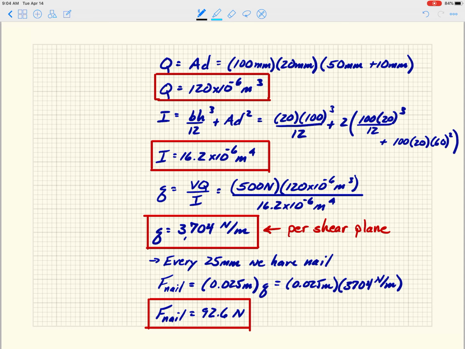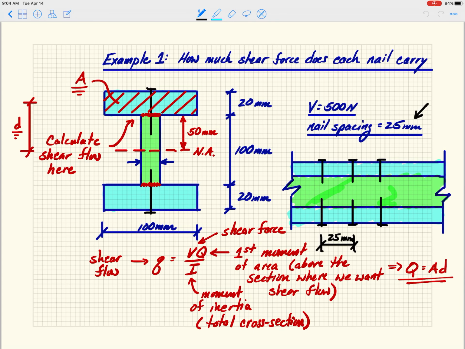And just to go back and revisit this example in light of that: if what we're trying to do is calculate how much shear force is in each nail, the question could be posed, do the nails have enough capacity to enforce composite action? If I tell you that a nail's capacity is 80 newtons, that is the acceptable force level for each nail to transfer.